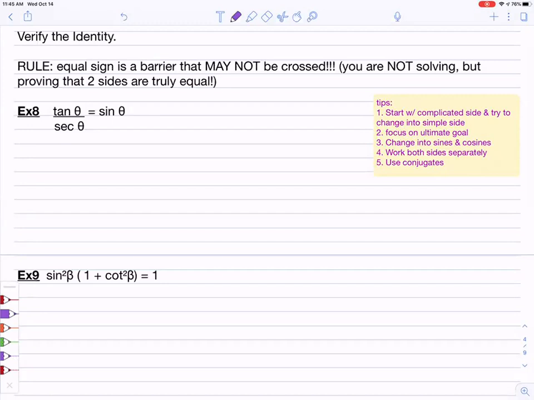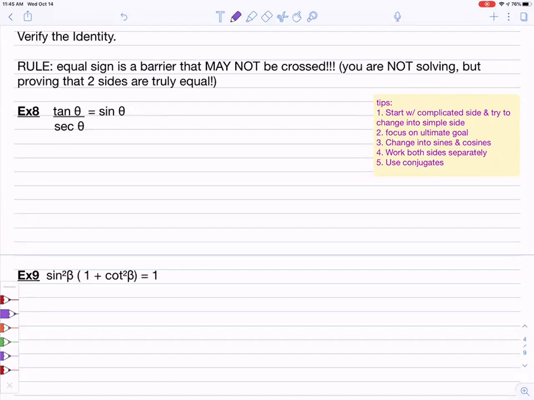And your goal is to do what we've been doing. Manipulate the left side. Manipulate the right side. Your goal is to get them identical at the end. Your goal is to show me that the left side and the right side are truly the same thing. Notice that I use the word show.